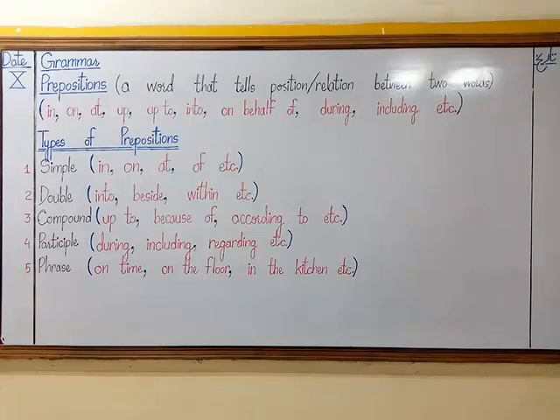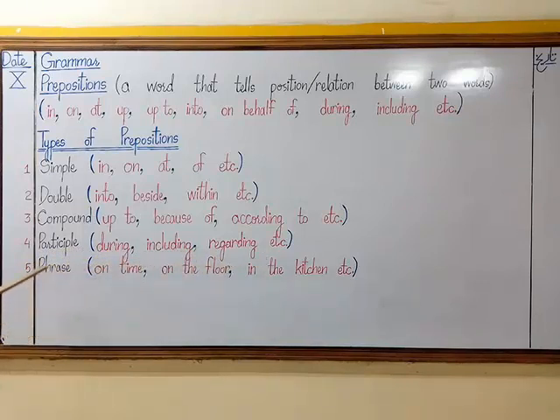So here during is a preposition. Another example: we will go for a picnic including Ali. So including is a preposition here. My father asked me regarding my result. So regarding is a preposition in this sentence. So participle prepositions are the prepositions ending in ing.